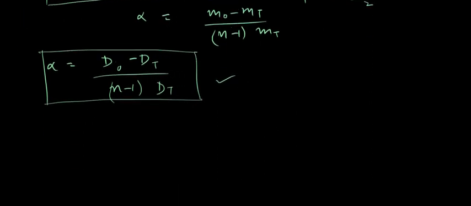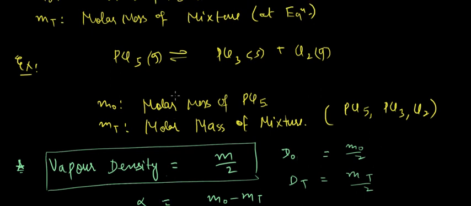Now let's move on to a new concept, which is degree of association. By the way, in the example of PCl5 disintegrating into PCl3 and Cl2, n here would be 2, because in the hypothetical example we converted Ag into n moles of Bg.